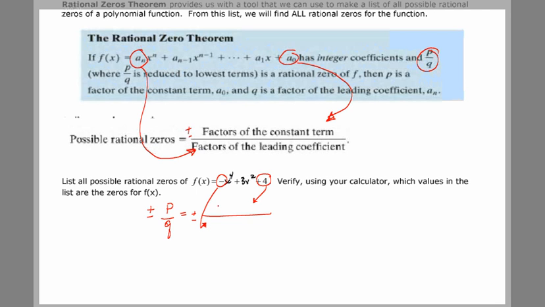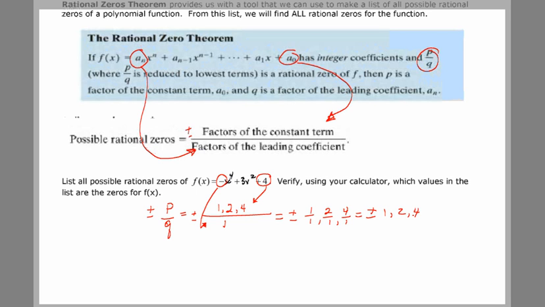All the factors of 4, which means all the numbers that divide evenly into 4, are the numbers 1, 2, and 4. All the numbers that are factors of 1 are just 1. Now if I take every possible combination of the top numbers divided by the bottom numbers, that would be plus or minus 1 over 1, 2 over 1, 4 over 1, which is just plus or minus 1, 2, and 4.